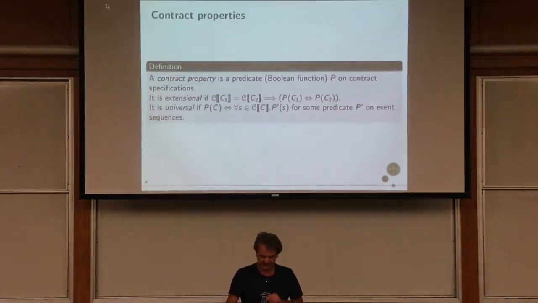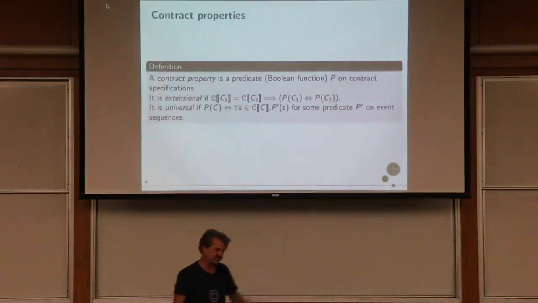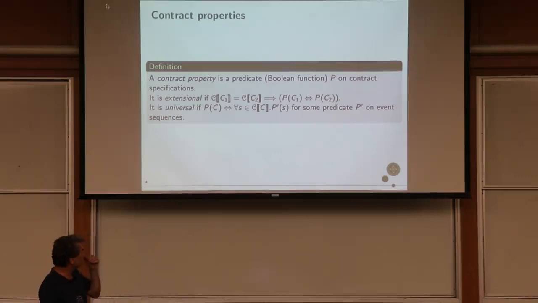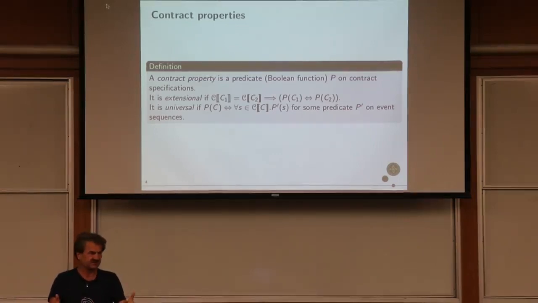So let's first try to establish a basic terminology. A contract property is a predicate, in the sense, again, of a Boolean function on contract specifications. So it's a predicate of syntax, okay? You give it a syntax, and it says yes or no. There might be different properties, and of course we're interested in different kinds of properties.